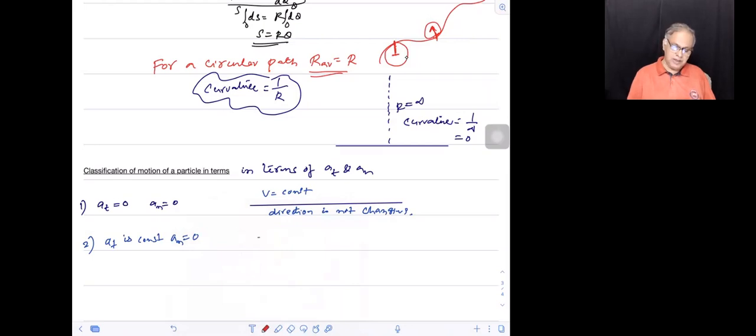It is once again a straight line motion, but with constant acceleration.